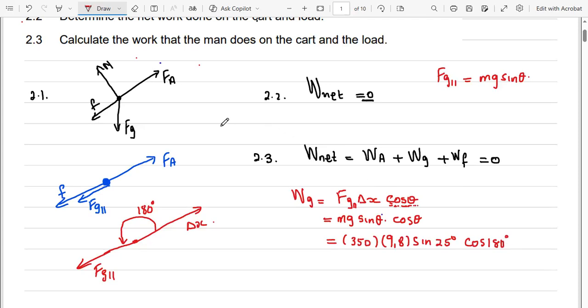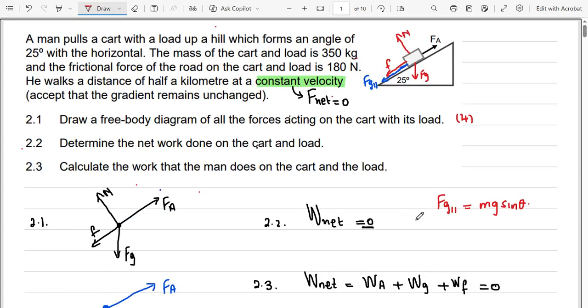But we are missing something here. Let's quickly fix this part. We need to multiply the displacement before we can put the cos. So this will be delta x, the cos of theta. And the displacement was given as 500. Let me just confirm that. Do we have the displacement here?